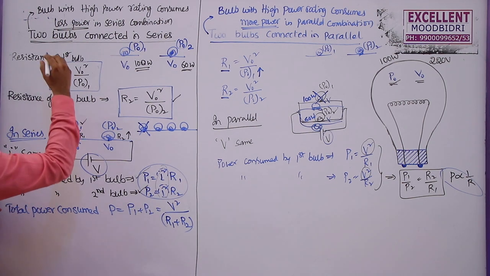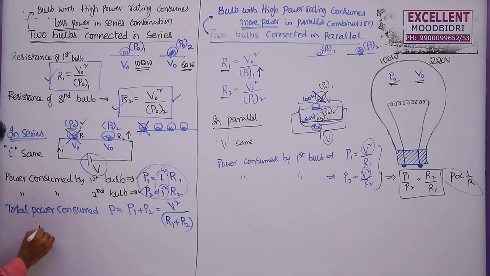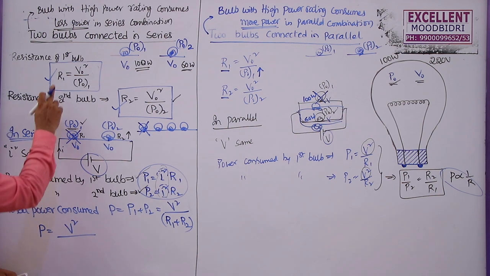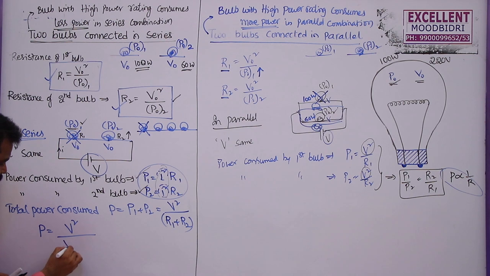Now we know the R1 value, we know the R2 value. So the total power consumed is given by V square by R1, which is V0 square by P01, plus V0 square by P02.